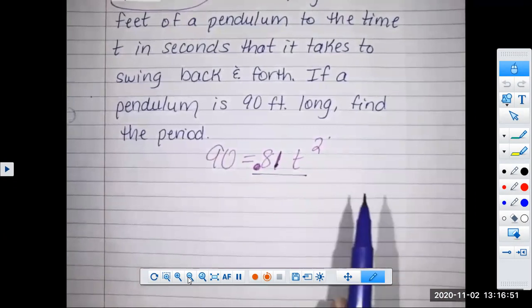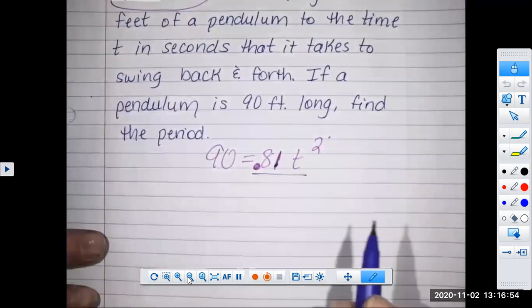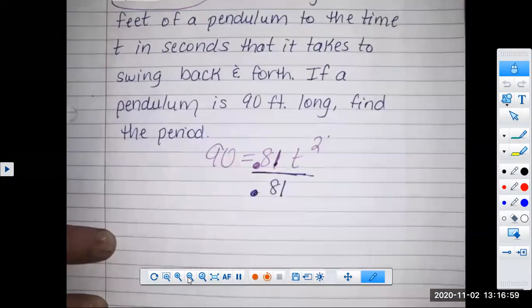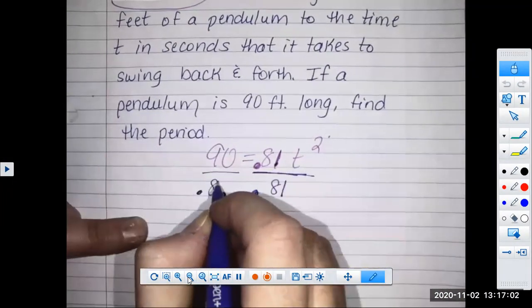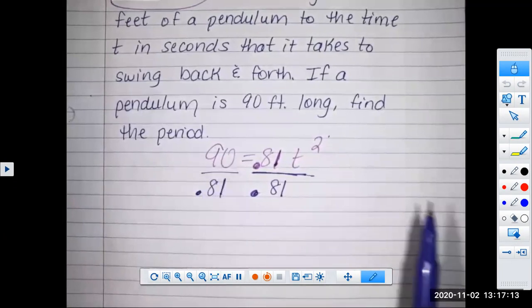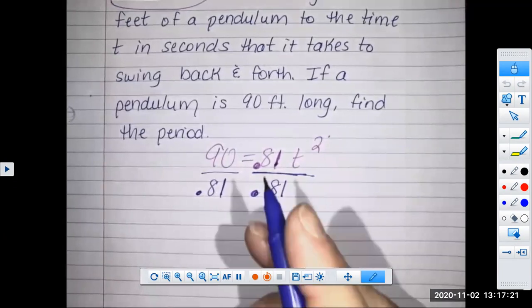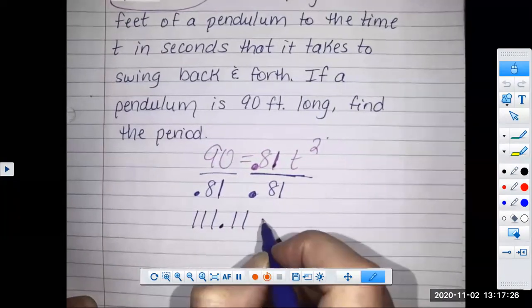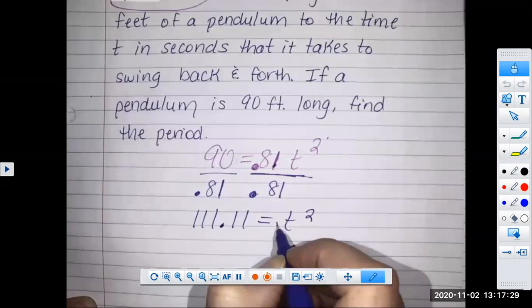And here, graphing is easier, but notice that you only have t squared, you don't have a t. So if you just solve for t squared, then take the what? Good, the square root. You can either graph this one, of course. You can type it in decimals, 90 equals 0.81 t squared, and it will show you your solutions. 90 divided by 0.81 gives you 111.11 rounded equals t squared.